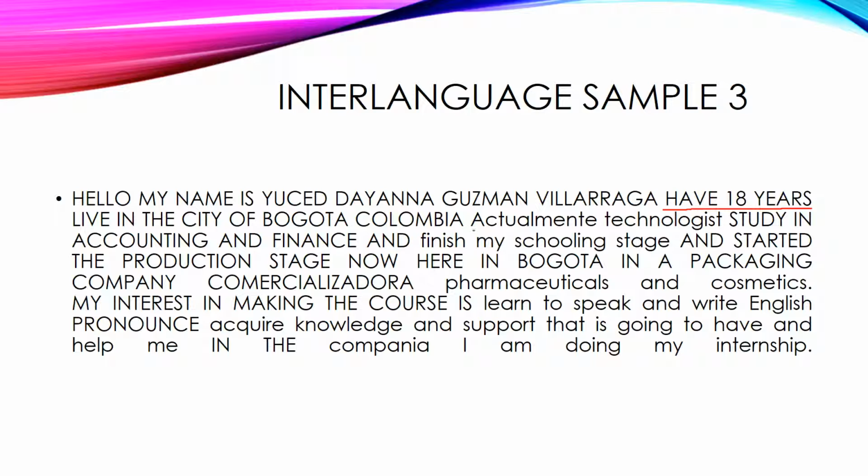We have this one, "actualmente," which means currently, I believe, studying technologies in accounting and finance. And it would be maybe "I'm finishing my school stage and started the production stage." Now here in Bogota, you can see in general the structure of the whole paragraph. First, it doesn't have punctuation, and second, it has translation. As you can see, the rules of the grammatical structure of this paragraph come from Spanish.